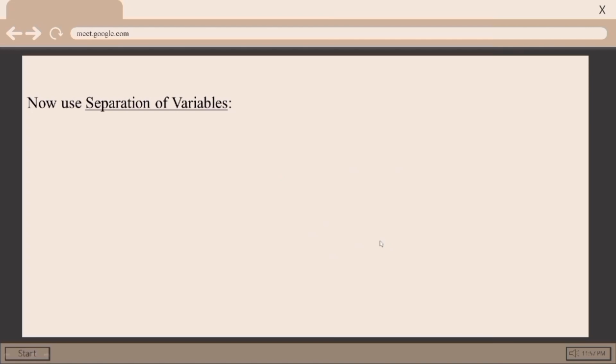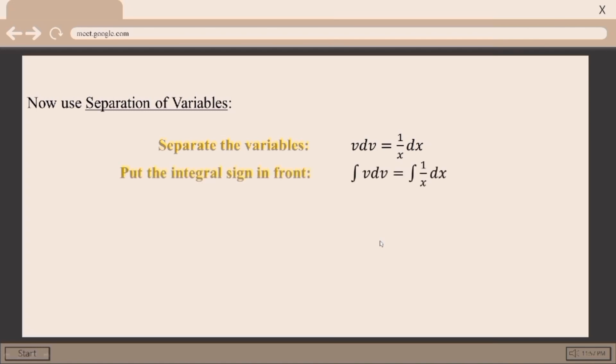Now, we use the separation of variables. How can we separate the variables? Using v dv equals 1 over x dx. So put the integral sign in front. The integral of v dv equals the integral of 1 over x dx.